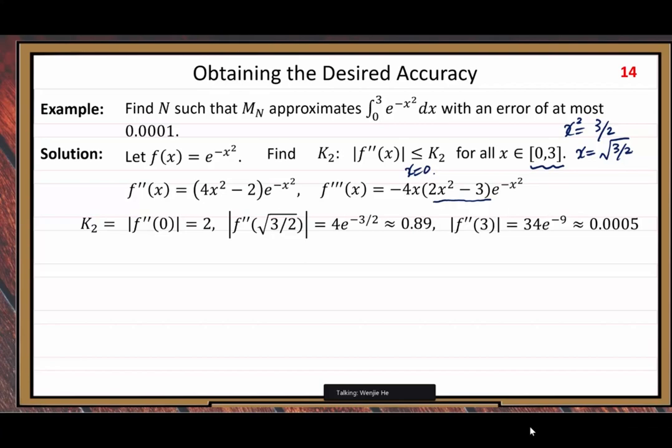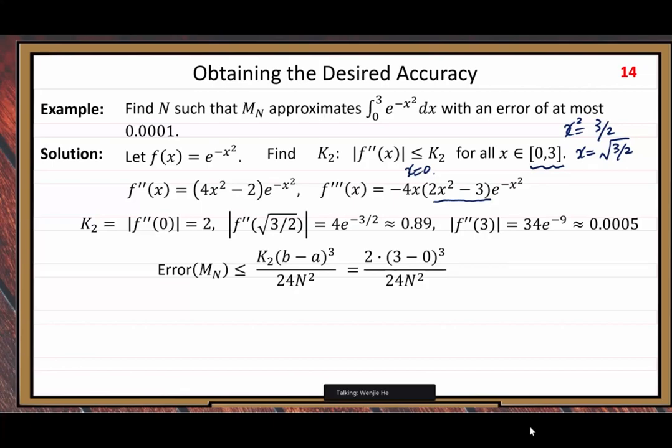So we can conclude this is the maximum, and we use it as our capital K2. Now let's calculate the error term. Plug in.